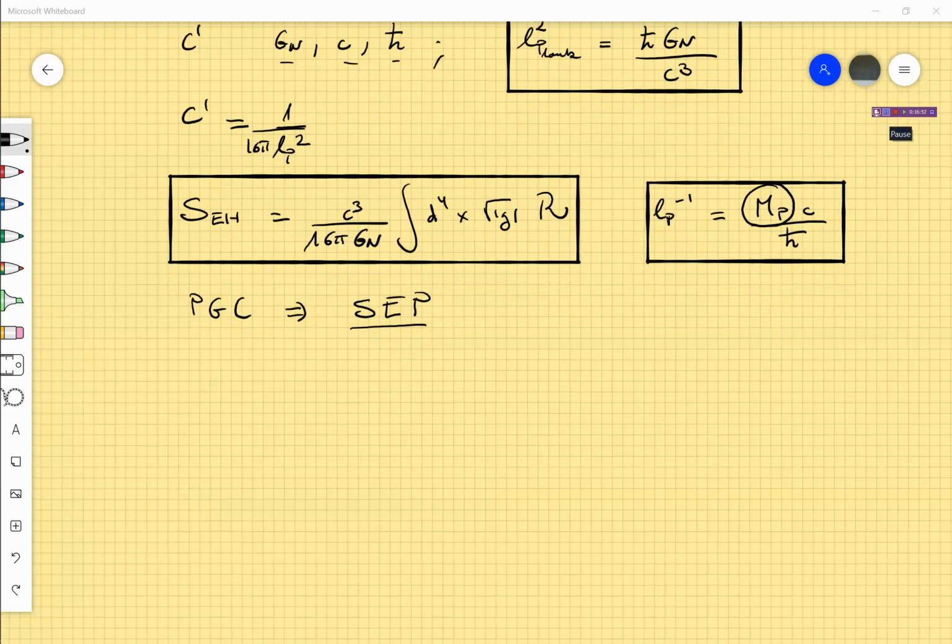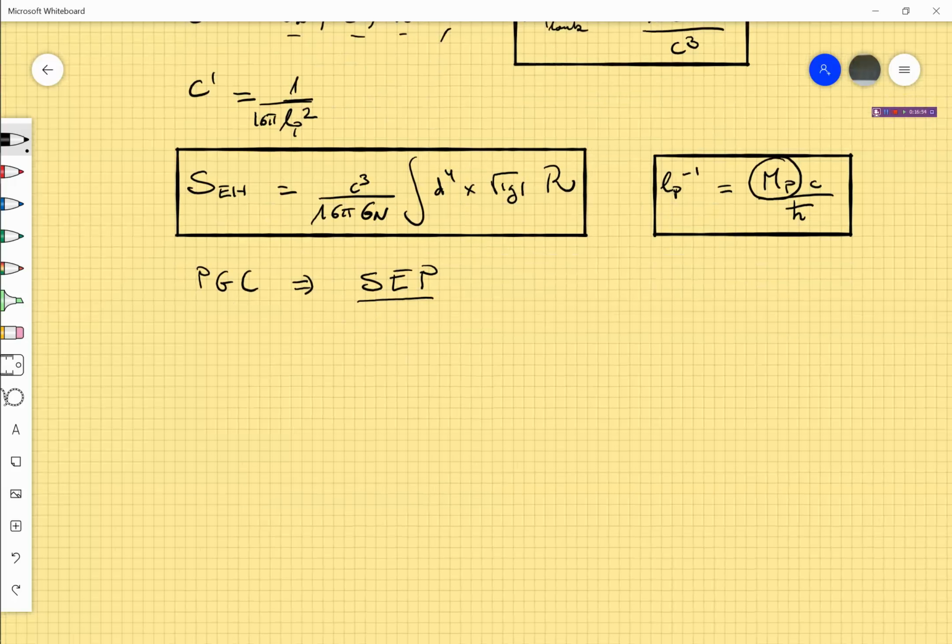And now that we have an action, the next thing to do is to find the equations of motion. We will just consider this part because we know the contribution to the total equations of motion when we add matter fields. This is what we have studied exhaustively in the previous video. So let's try to do this not using the Euler-Lagrange equations, because really in this case they are not so useful.